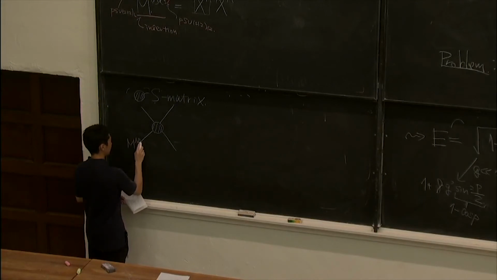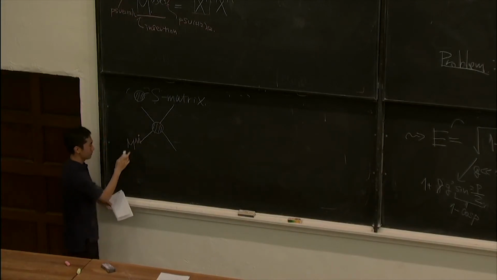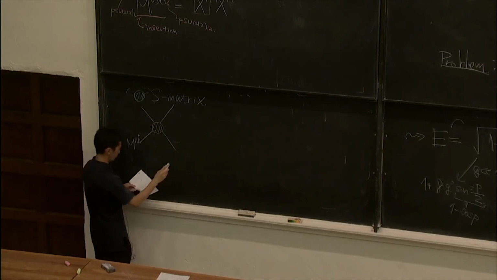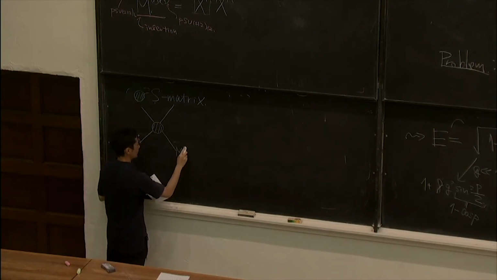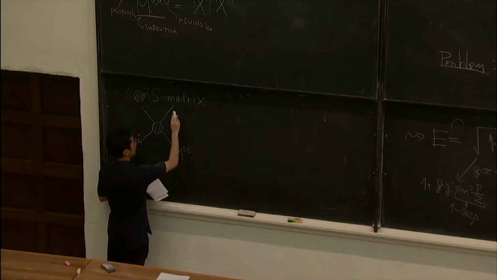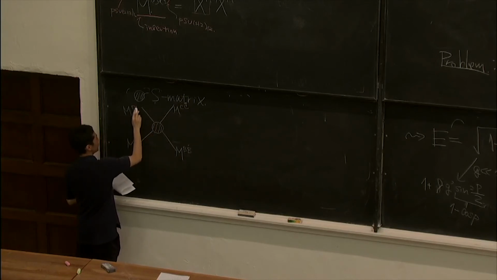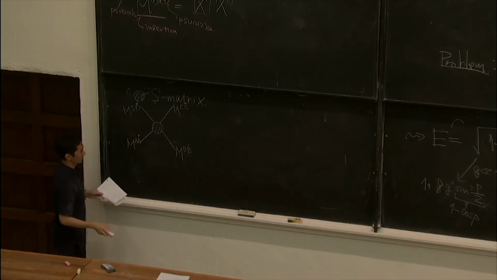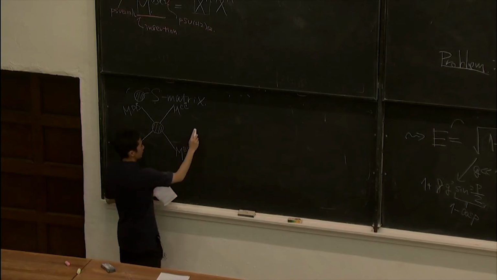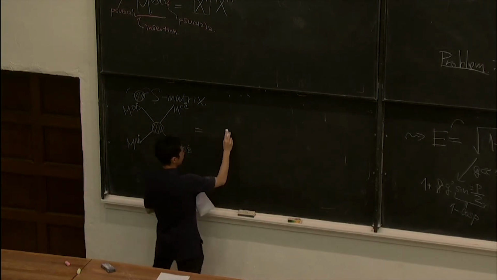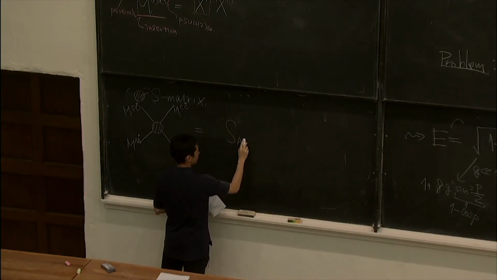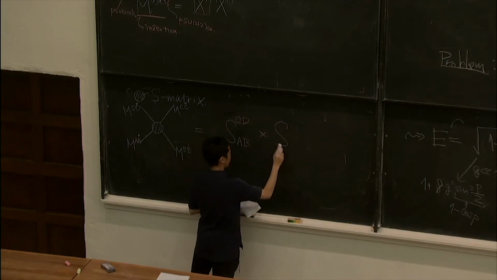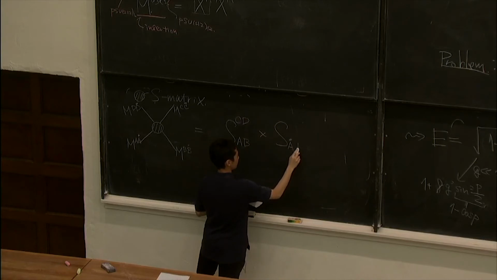And as I said, each particle carries 2 indices, one for each PSU(2|2). So I have B, Ḃ here, C, Ċ here, and D, Ḋ here. So this is the S matrix. And because of the symmetry, what we can first conclude is that this S matrix should factorize into 2 parts.